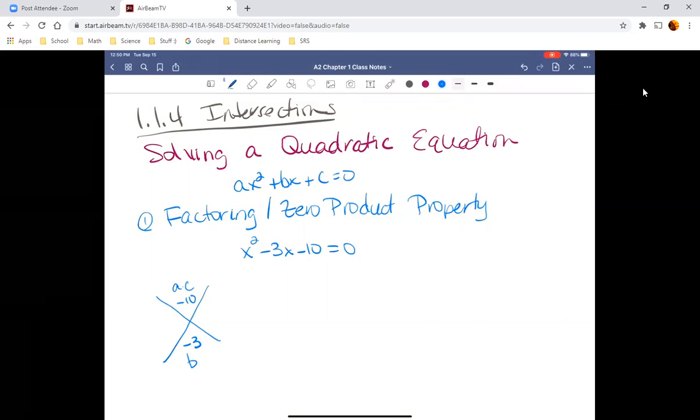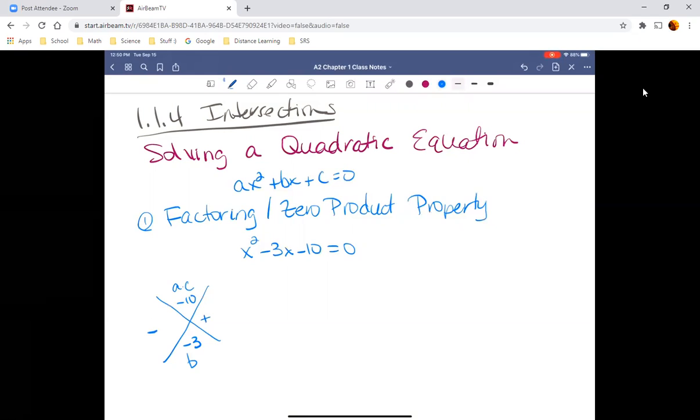So we're looking for two numbers that when we multiply them, we're gonna get -10. So what kind of numbers do we have to have in order to get negatives? One negative and one positive. Yeah, so one's got to be negative and one's got to be positive. What can we multiply to get to 10?